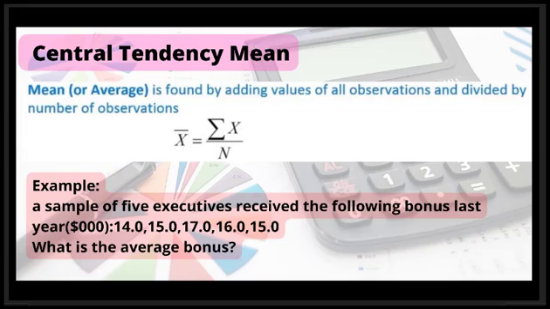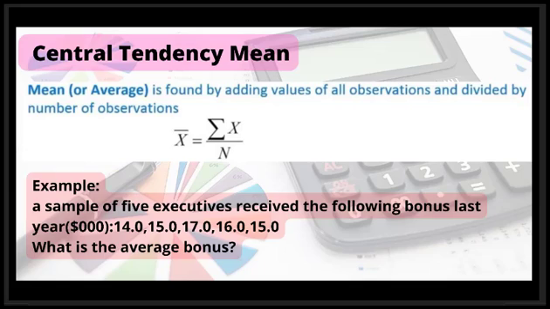Let's say five executives received a bonus last year, and the bonuses are 14,000, 15,000, 17,000, 16,000, and 15,000, and you are asked to find the average bonus the company has given. How do you do that?